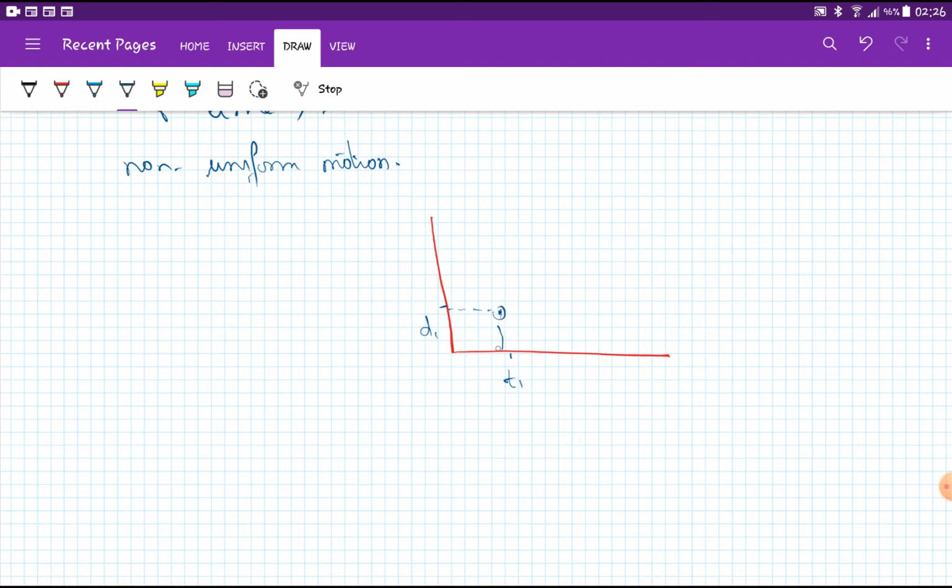Now take the same equal interval t2, the distance covered is d2 here. Now connect these dots. What you will get is a curve. This curve is called acceleration.